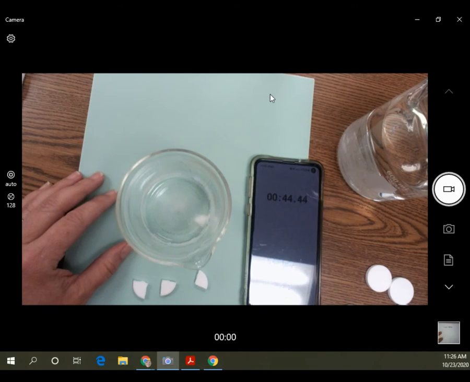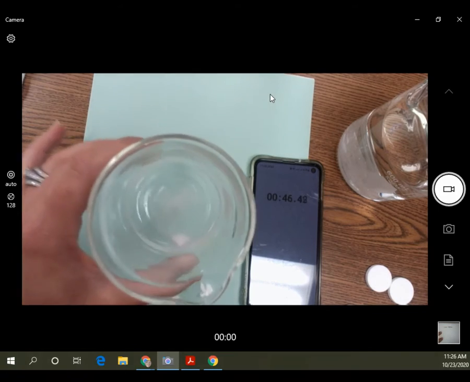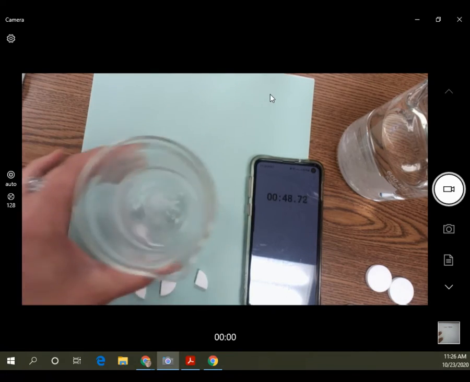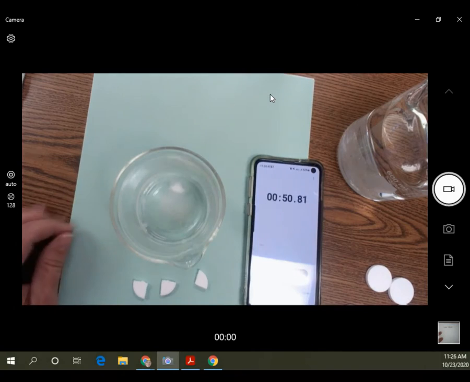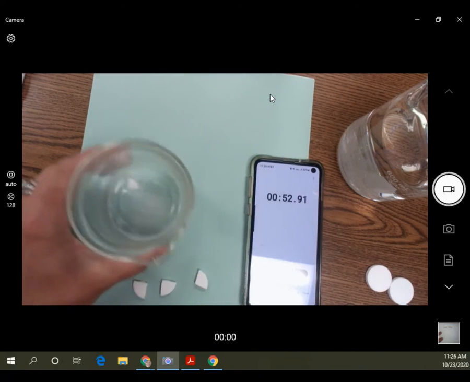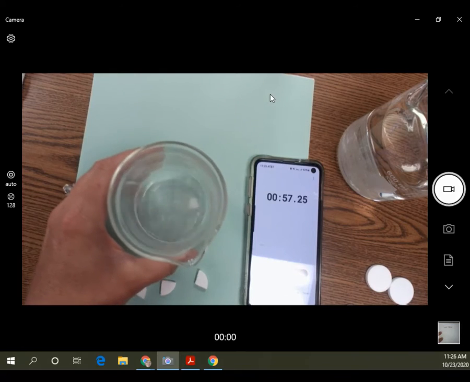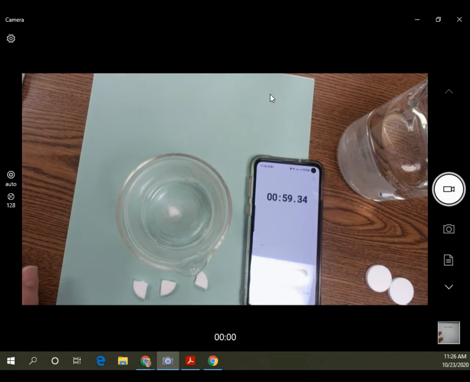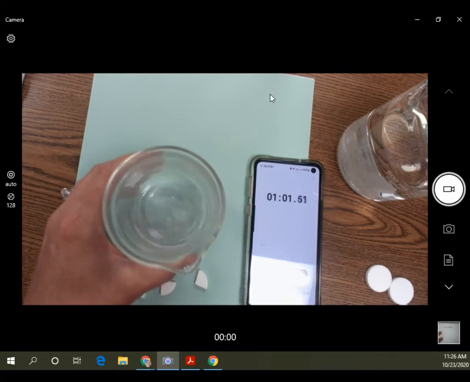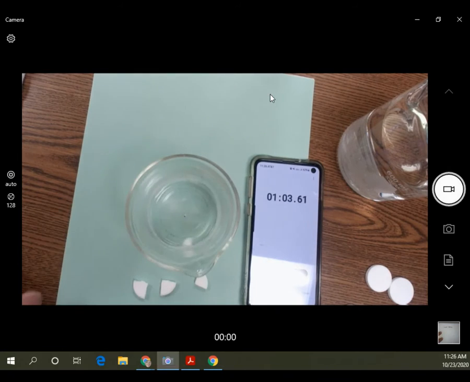And that bubbles, that gas formation, shows us that there is a chemical reaction happening. We still have some, so we're getting there. Definitely getting there.